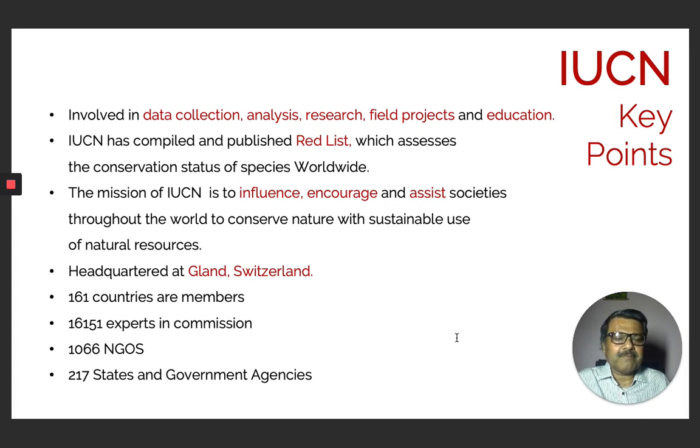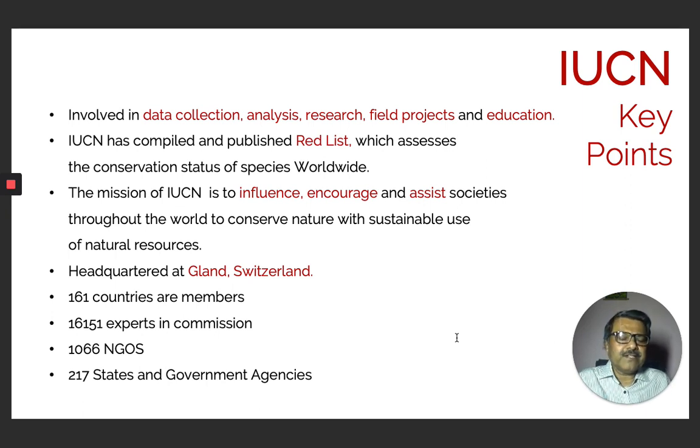It is a very valuable compilation, and this Red List assesses the conservation status of various species worldwide. So the species which we know and have identified, their conservation status is assessed by IUCN and compiled into a book that we call the Red Data Book, and this list is known as the Red List.